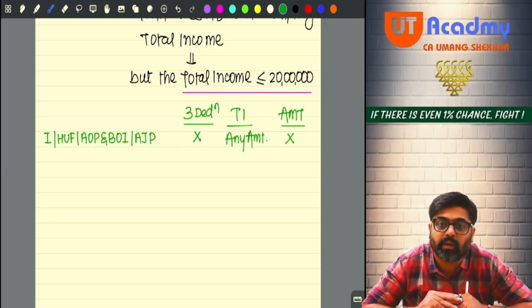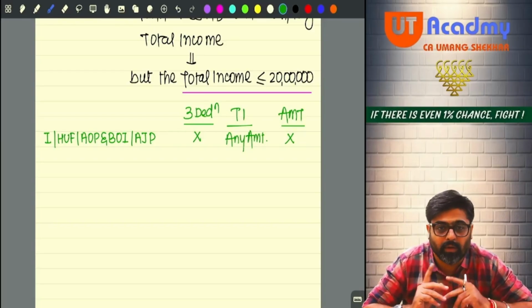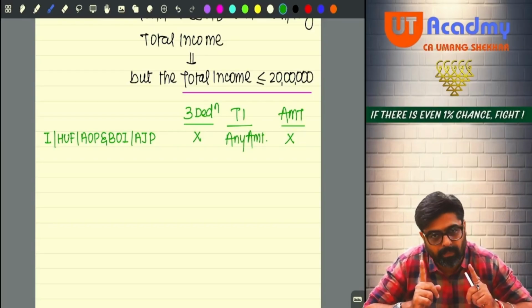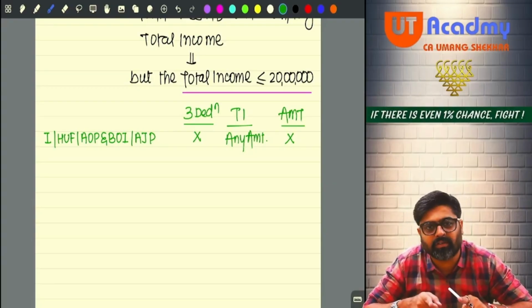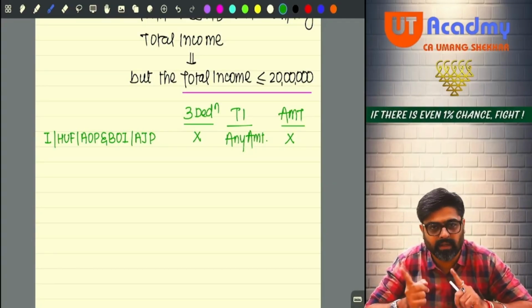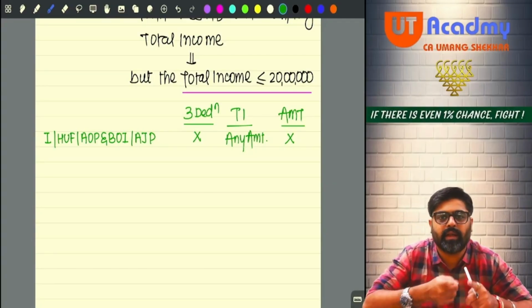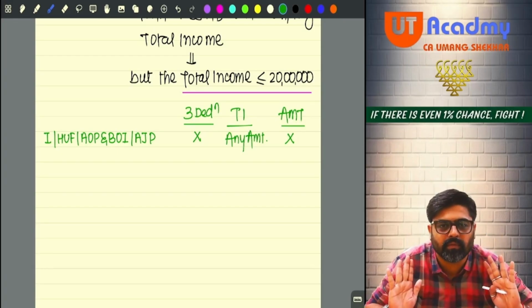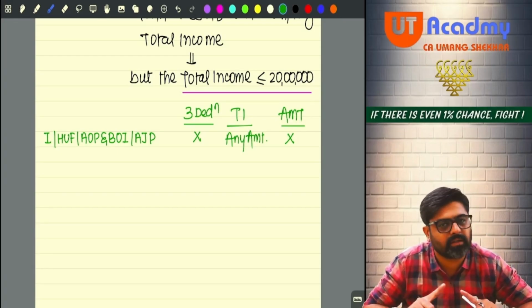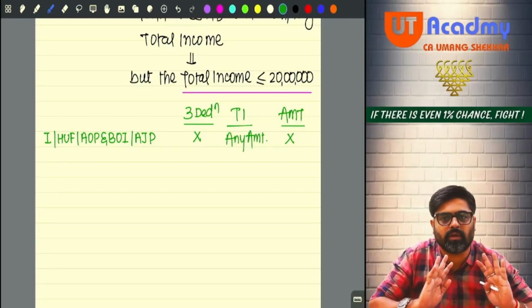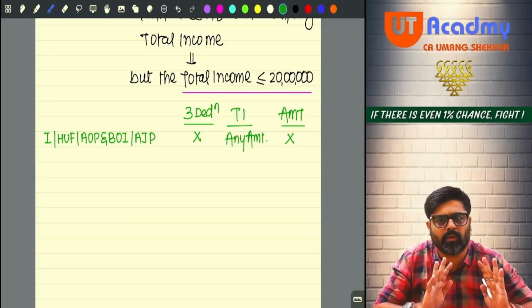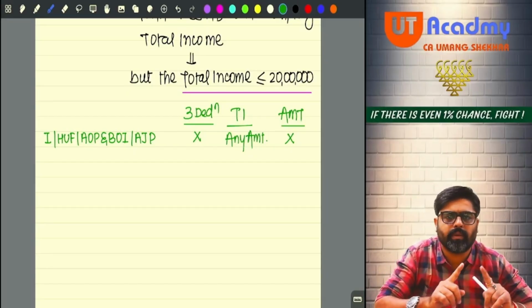In order to apply AMT provisions, it is necessary that you have claimed any of these three deductions while calculating your total income. Have you claimed any of them? No. Then whatever amount of total income you have, AMT provisions will not apply.